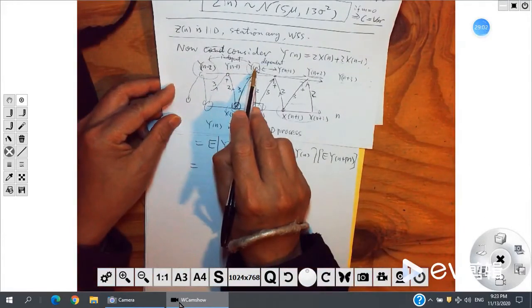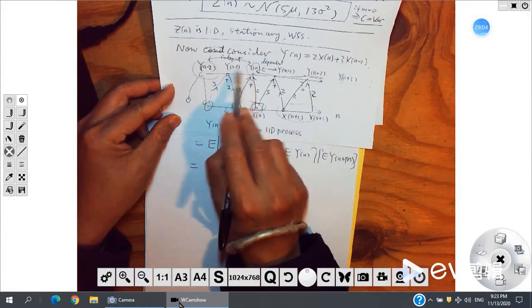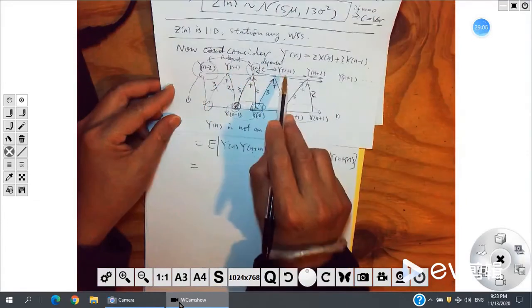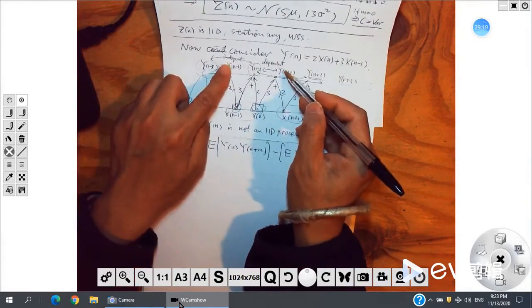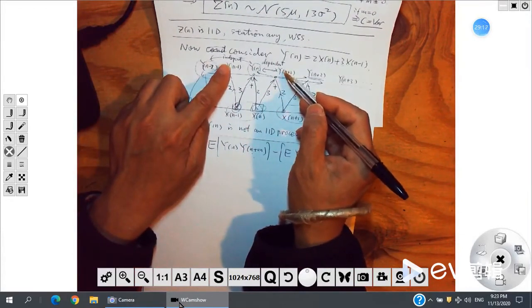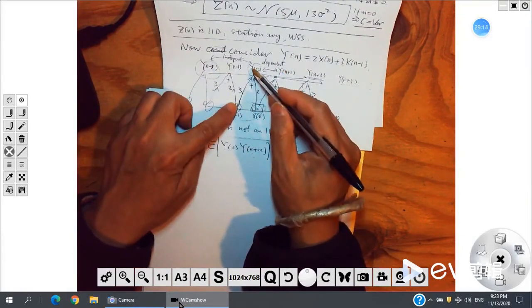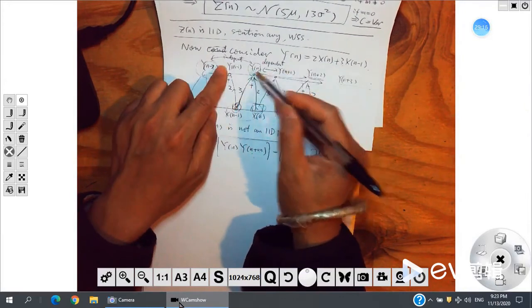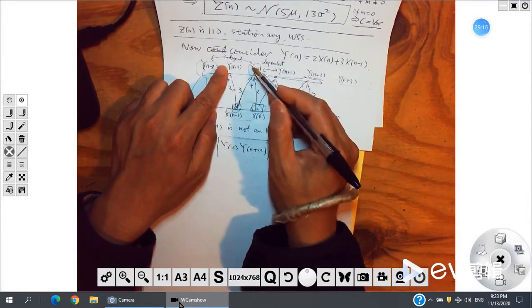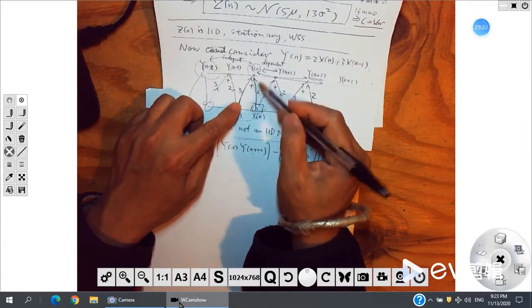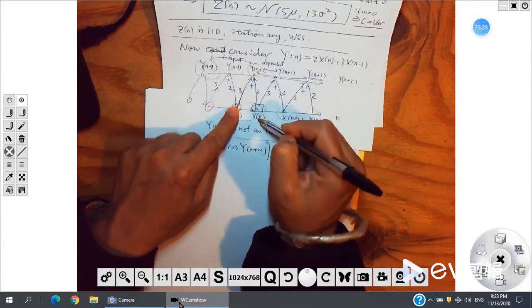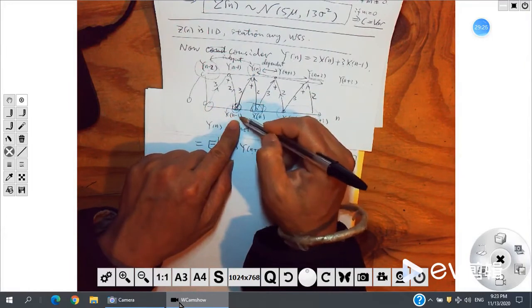Y of n is a neighbor with y of n minus 1 and y of n plus 1. For both of these, they have a common part with y of n, so they are not independent of y of n. They have some common information coming from x of n and x of n minus 1.